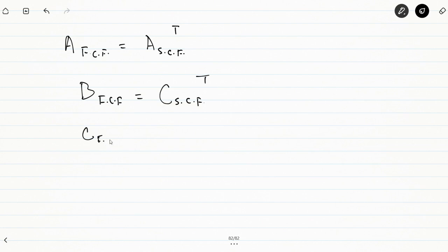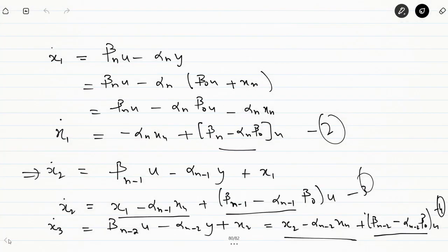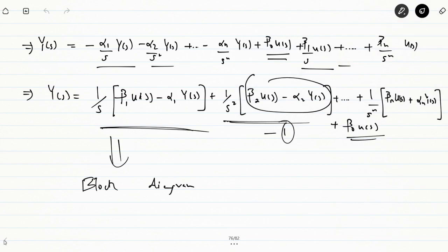The C matrix of the first companion form is the B matrix of the second companion form, the transpose of it, while the D matrix of the first companion form is the D matrix of the second companion form. So if you have already derived the first companion form, you can simply derive the second companion form by only finding the transpose of these matrices. Okay? A matrices will be the transpose, B matrices will be the C matrix transpose, C will be the B matrix transpose.